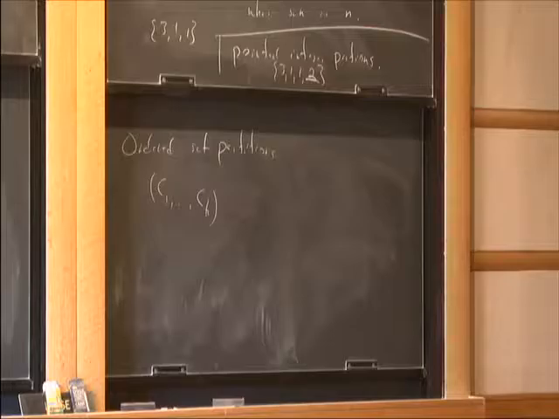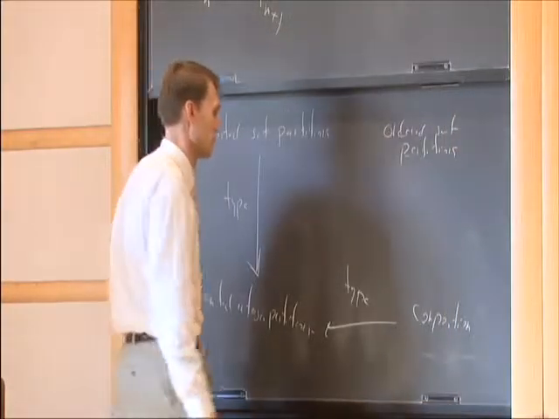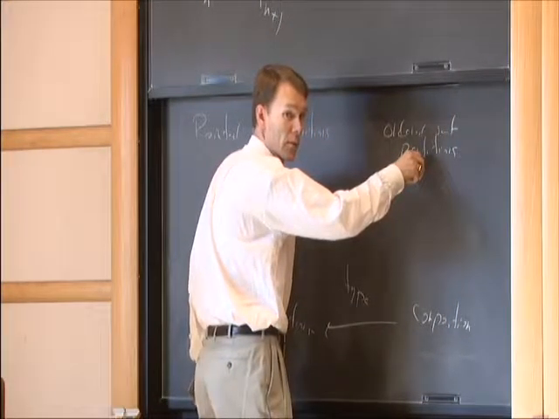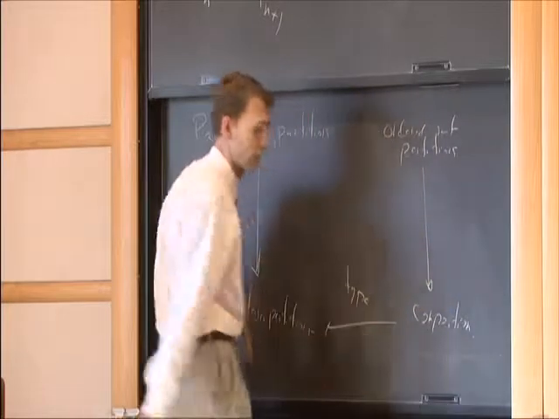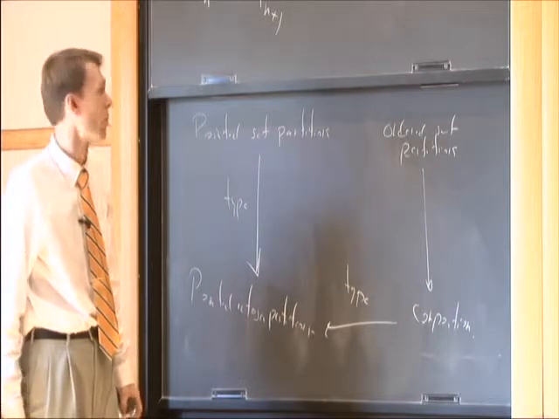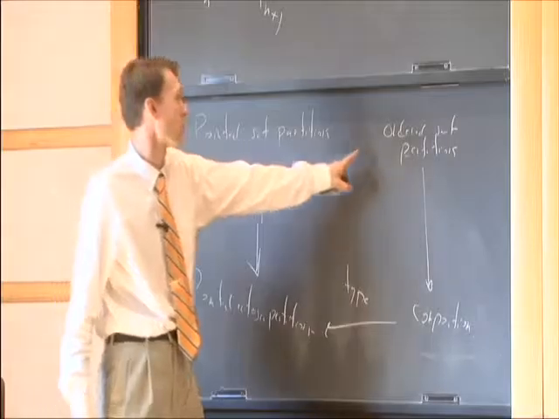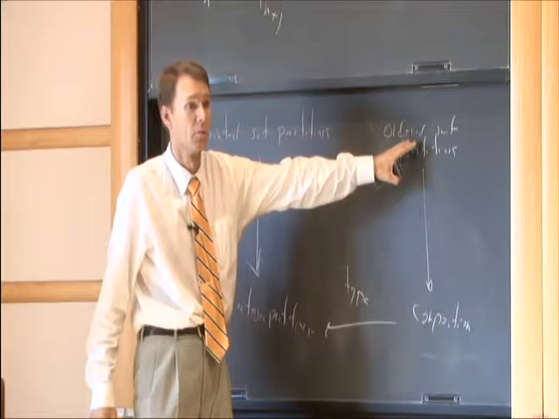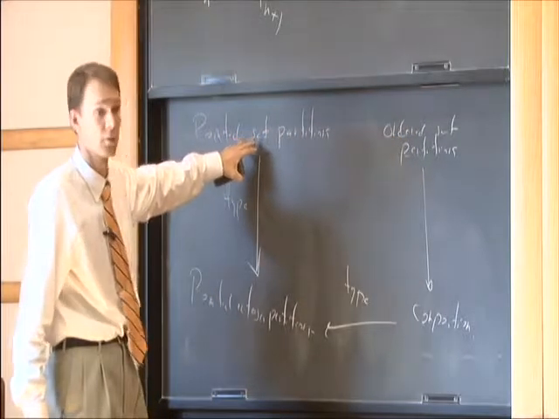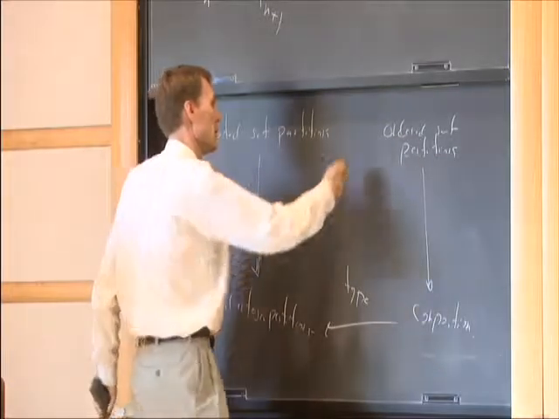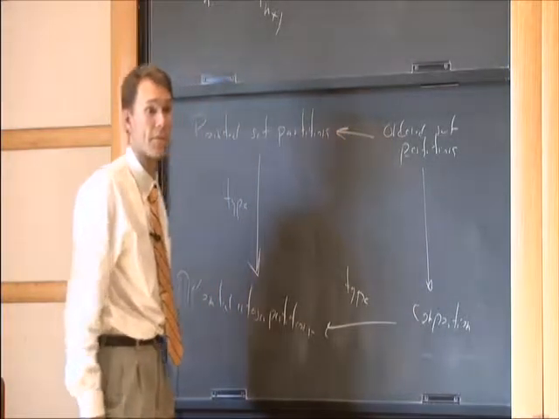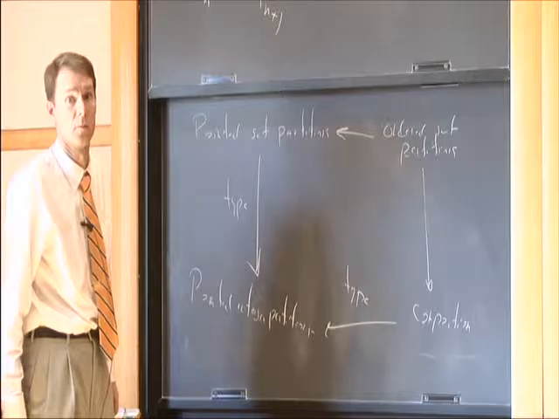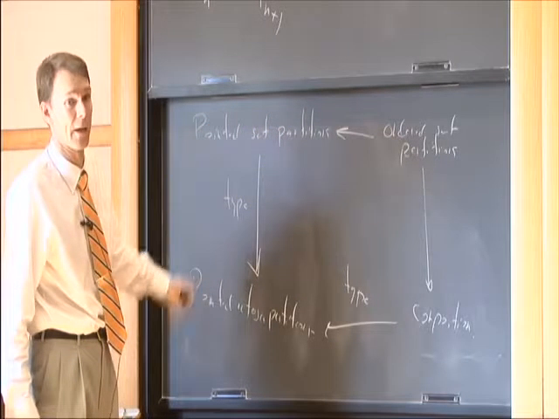From an ordered set partition, I can just read off the sizes of the blocks and I get a composition. Or if I start permuting all the blocks except the last one, because the last one is going to be the pointed block in the partition, then I get a natural map going there. So it completes this diagram in the right way.